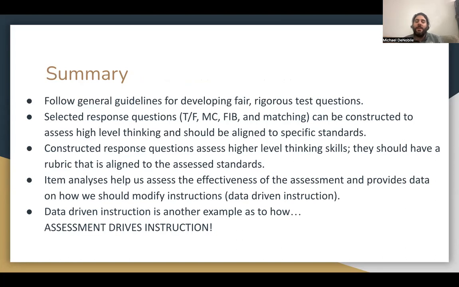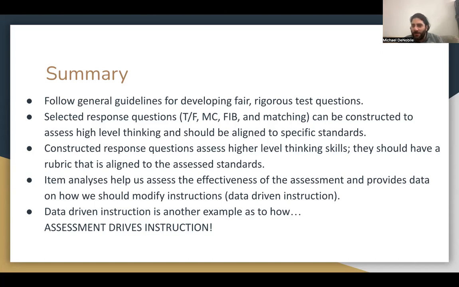I want to go back to the point that they are constructed to assess high-level thinking, because often teachers kind of like, we're going to make fun multiple choice questions. I remember when I was first teaching, I thought I was being cute where I would have multiple choice questions and one answer would be Mickey Mouse. Like, clearly that's an obviously wrong answer. I wasn't helping my students at all by doing that.